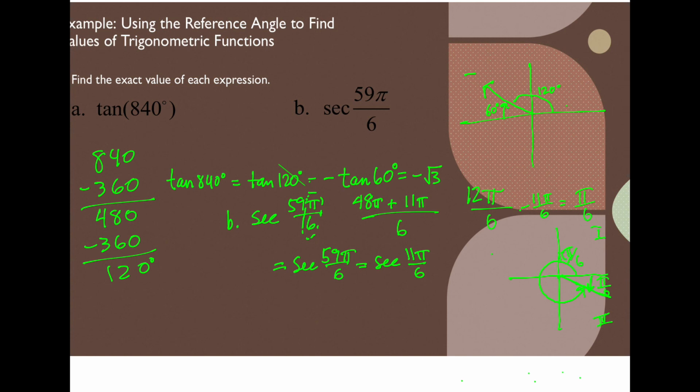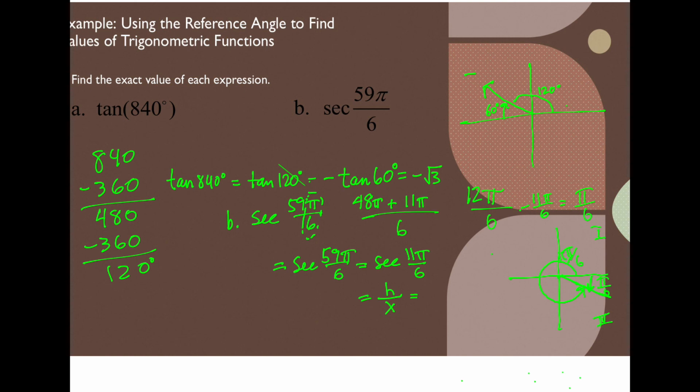Cosine is CAH, adjacent over hypotenuse, so x over hypotenuse. Secant would be the opposite, so hypotenuse over x.